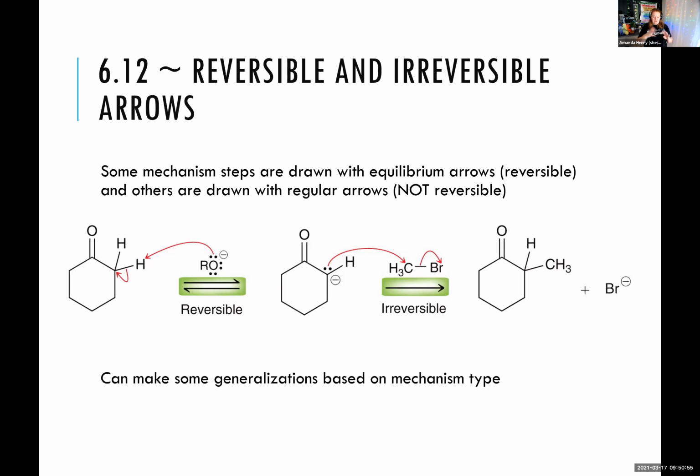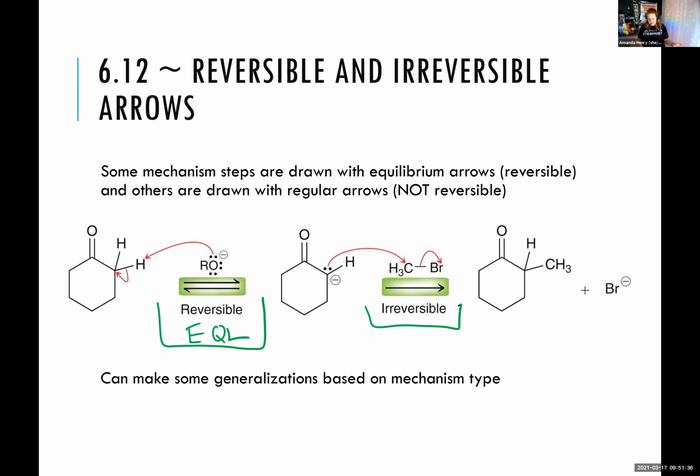Whether or not they're reversible, we are drawing the arrows on the reactants to show what the product will become. Whether or not they're reversible isn't a big deal for us. It's not going to be a main topic in any of the reactions we talk about. So we do show reversible arrows, so equilibrium arrows, or just a regular reaction arrow to show that it's not reversible. But that will be indicated when we look at the actual reactions.